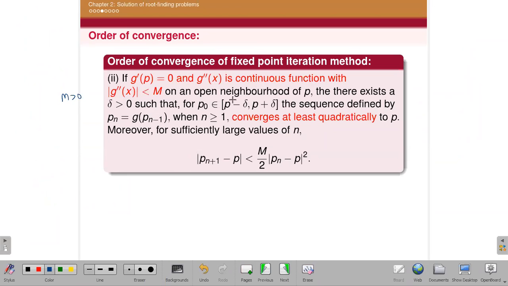Then, taking any neighborhood of P, that is P minus delta to P plus delta, for any initial guess in this interval, the sequence defined by Pn equal to g of Pn minus 1 converges at least quadratically to P. At least means you can get more also, cubic or 4th degree also. But here we will discuss the at least quadratic convergence to P.